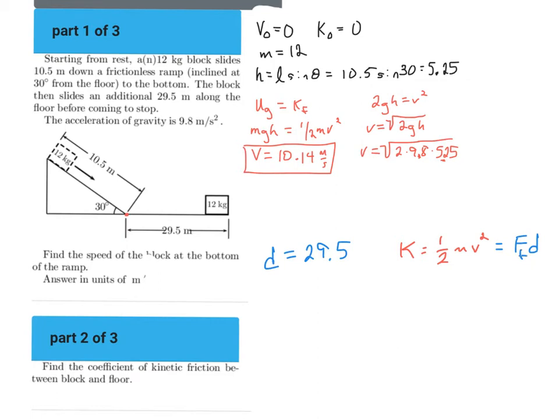And if I expand the force of friction, it's on the flat section, so the normal is just mass times gravity. So let's expand out everything. Our kinetic energy, 1/2 mv squared, is going to be equal to the force of friction, which is the coefficient, our goal is to find that, times mass times gravity. That altogether is the force of friction. And then that times the distance that the block slides.